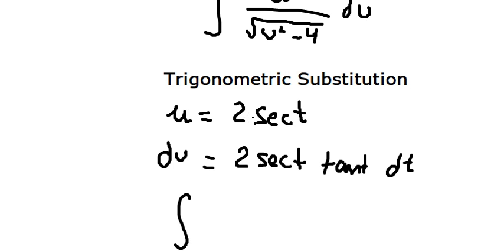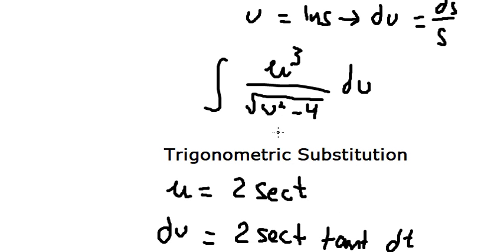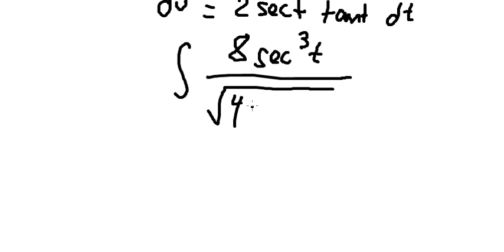About u, we put in here, and we got 8 secant of t to the power of 3 over the square root. We put u as 2 secant of t in here, so you got 4 secant of t squared minus 4, and we got dt.